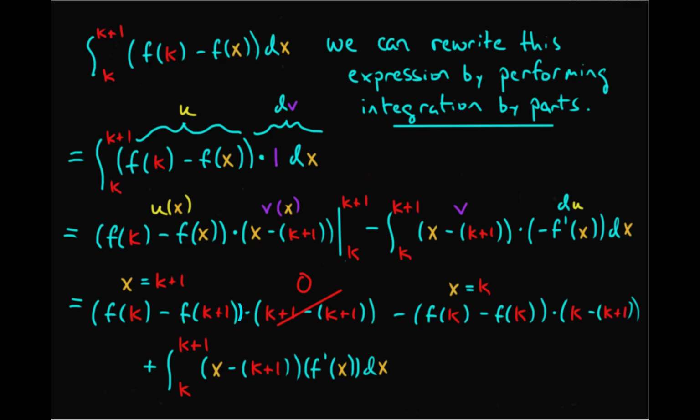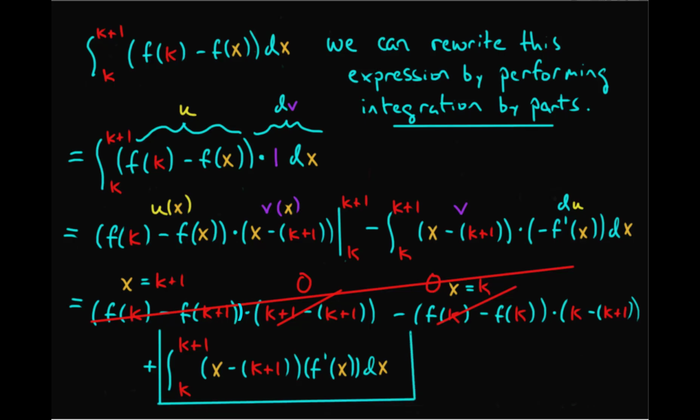So on the left, I have f of k minus f of k plus 1 multiplying 0. And on the right, I have f of k minus f of k, which of course is 0, multiplying k minus k plus 1. So those terms both equal 0. And the only term that's left from this integration by parts is plus the integral from k to k plus 1 of the quantity x minus the quantity k plus 1, close parenthesis, times f prime of x dx.